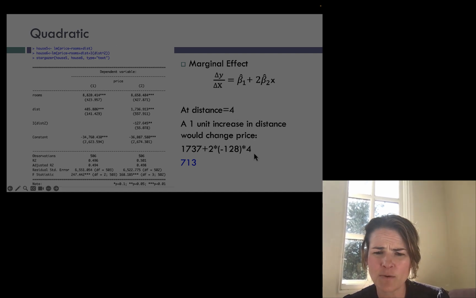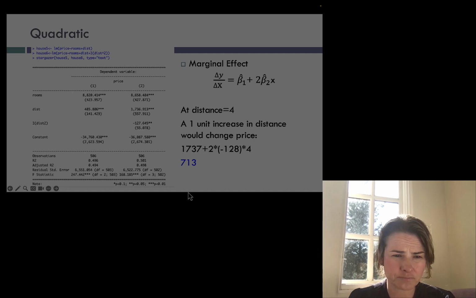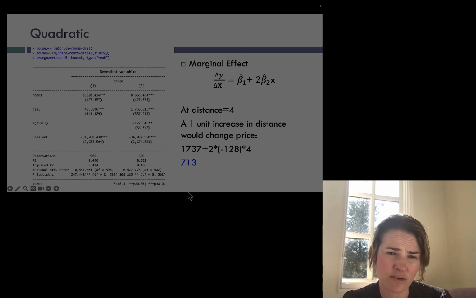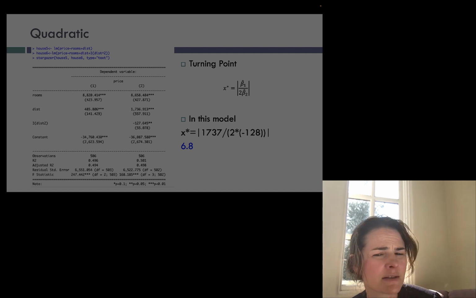We know we're at distance 4. That means that a 1 unit change in distance from unit 4 would change your price by $713. We can also calculate the turning point in this model. That falls at 6.8.